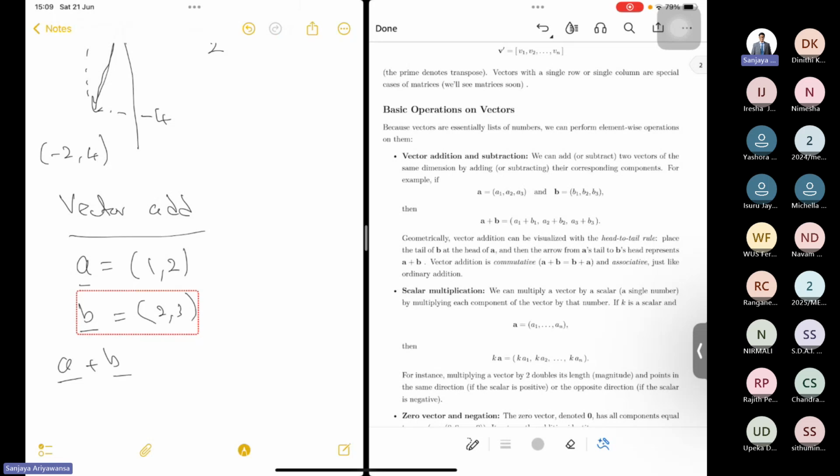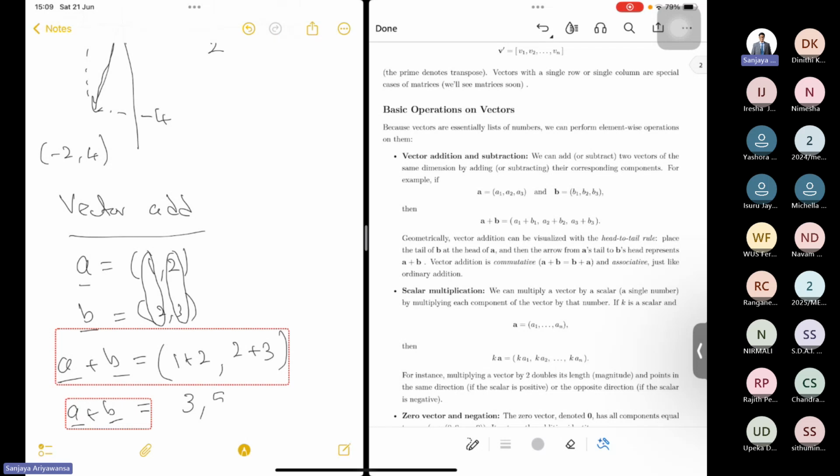The addition of these two vectors is given by 1 plus 2, 2 plus 3. You simply add the first two, which is on the x-axis, and add the next two, which is on the y-axis. Then you get A plus B as 3, 5. That's vector addition.